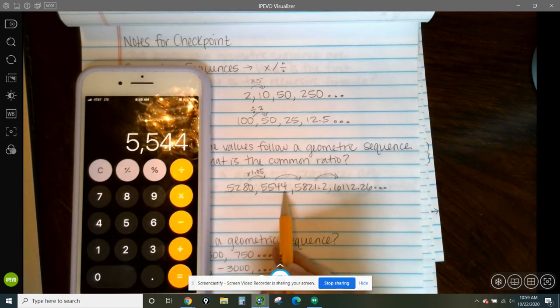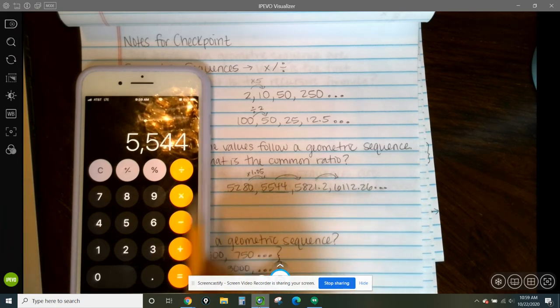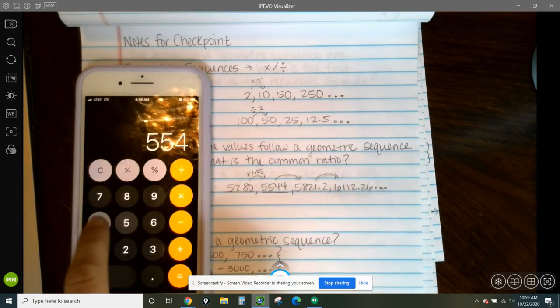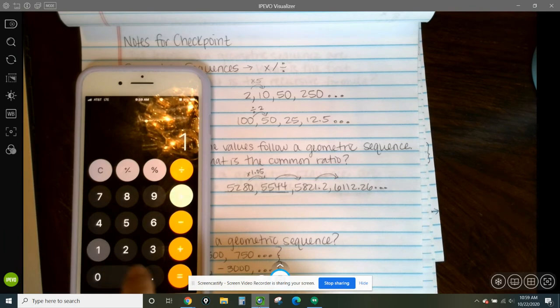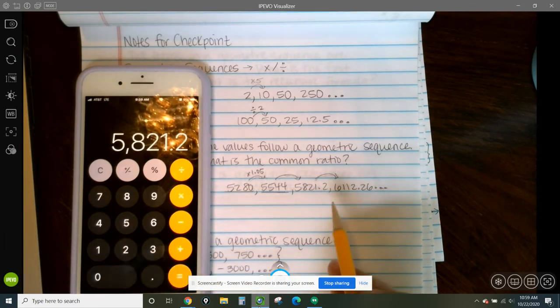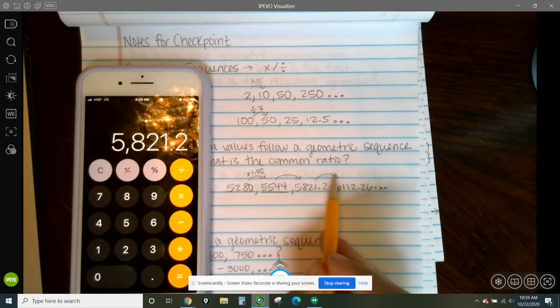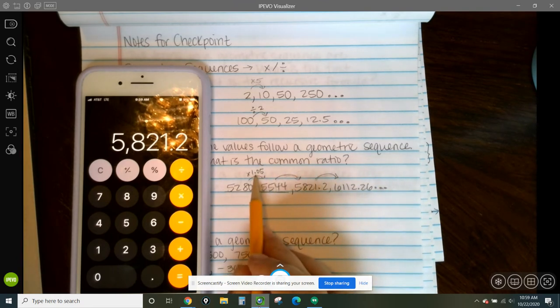I got 5544. Let's test that here. Let's see if when I multiply 5544 by 1.05, I get the next term. So 5544 times 1.05 is 5821.2. Yep.